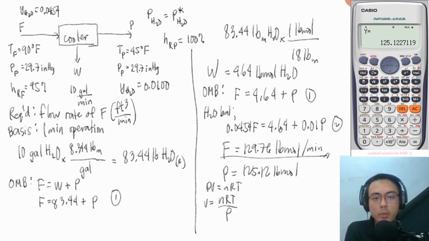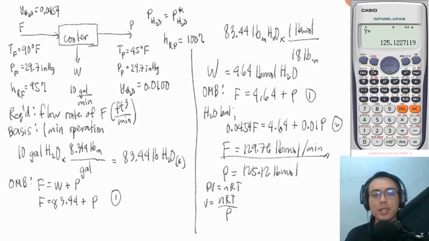And since the basis is 1 minute, that becomes automatic volumetric flow rate. Okay, just remember to use a value of R with consistent units or with English units.